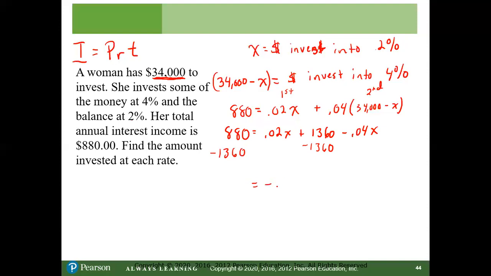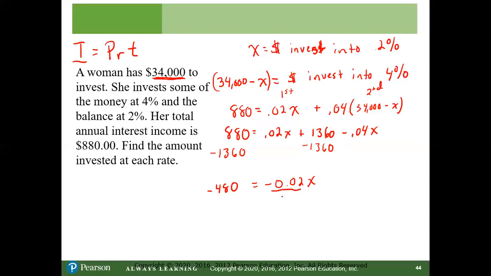So that's going to give us negative 0.02x on the right-hand side, and negative 480 on the left-hand side, which is 880 minus 1360.